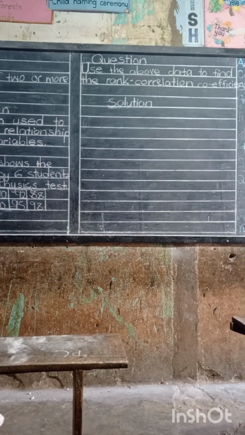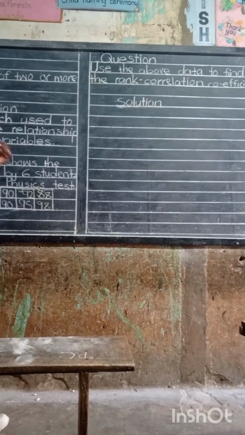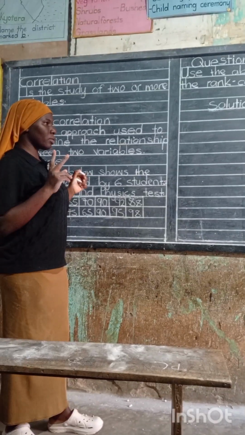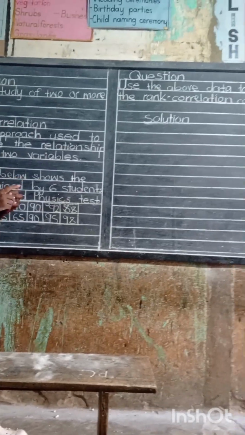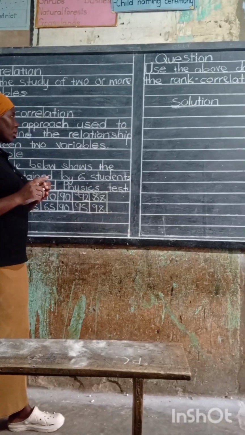In my solution, we have two formulas that you can use to work out this number: Kendall's approach and Spearman's approach.